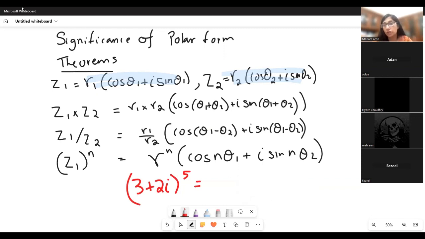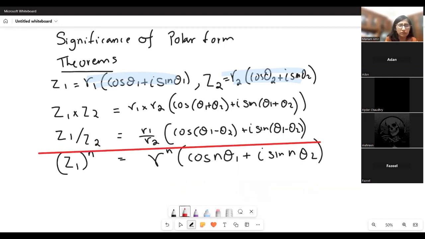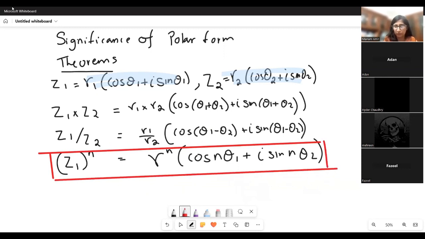So instead, you change it into polar format and then you apply this theorem, where you just give the same power to r and then you multiply the thetas with the same power. Okay, this theorem has a particular name. It's called de Moivre's theorem. Let me just write it down, D. Some name like that, de Moivre's theorem.